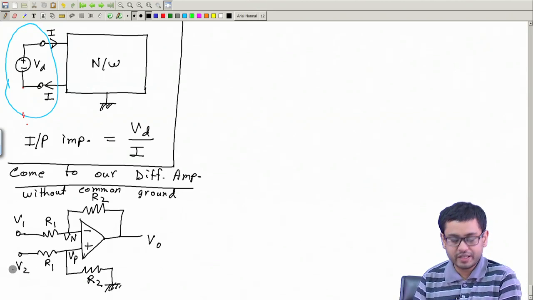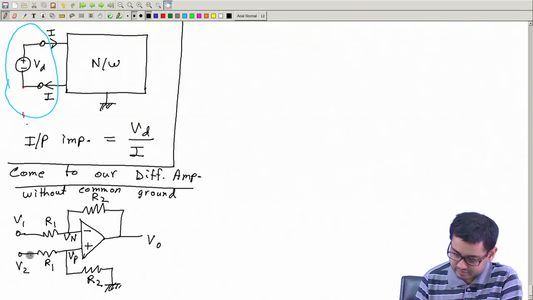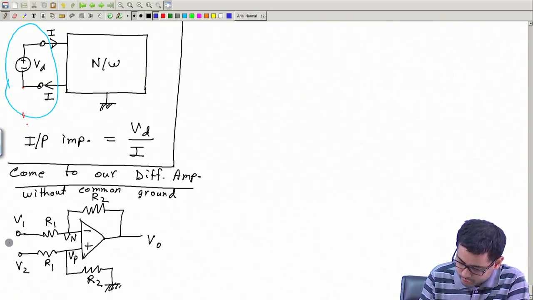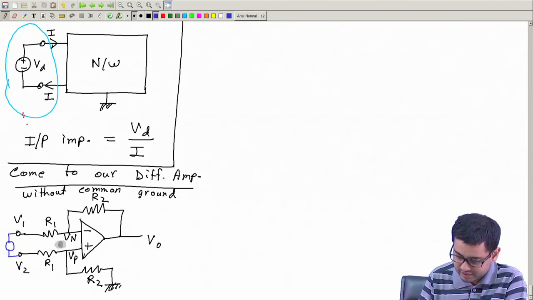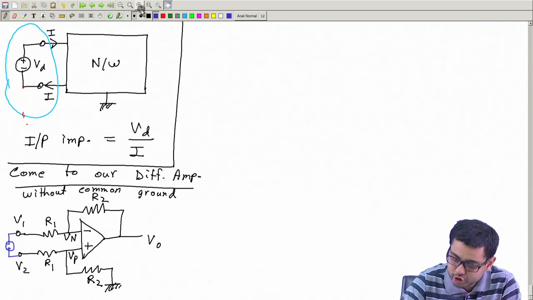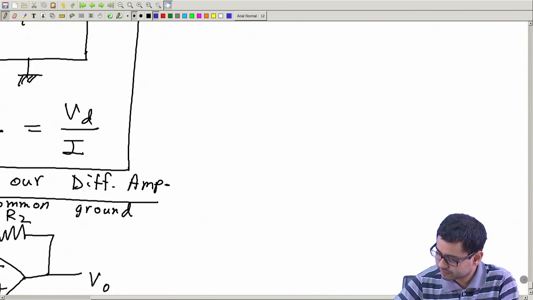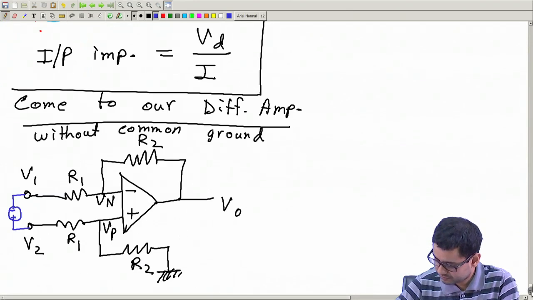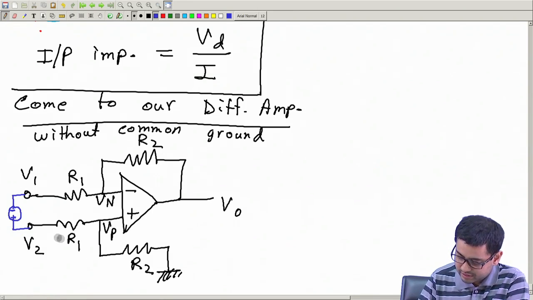How will we connect the input? Let me connect the input this way: a voltage source which I will connect between these two terminals V1 and V2. Let me call this side plus, this side minus.